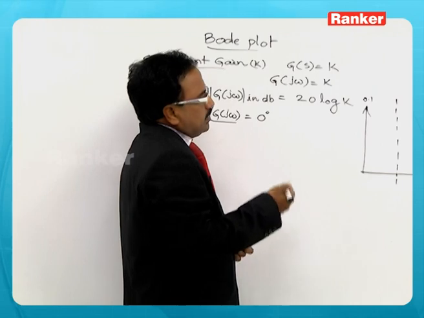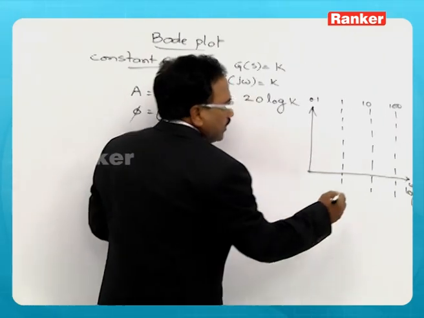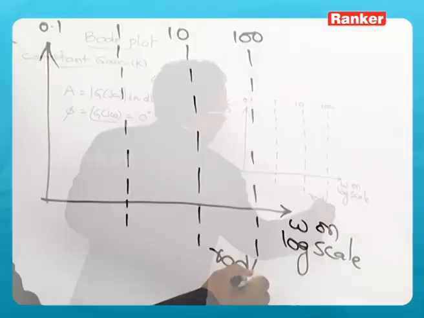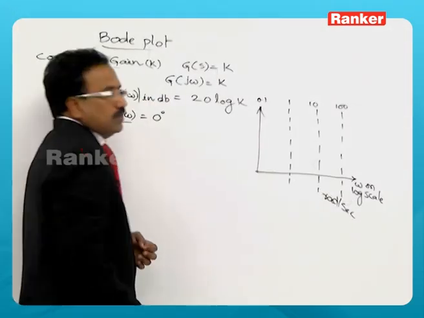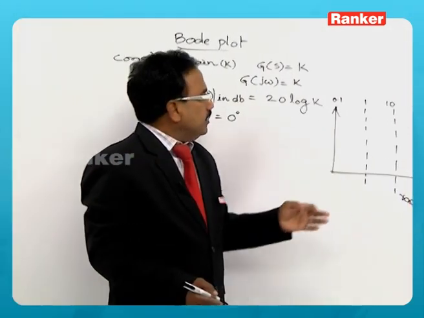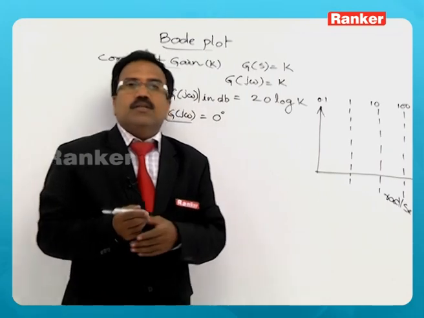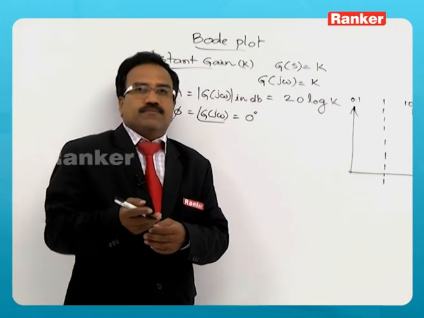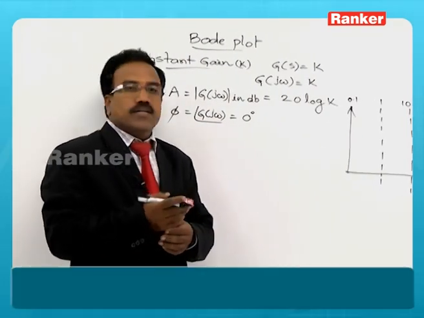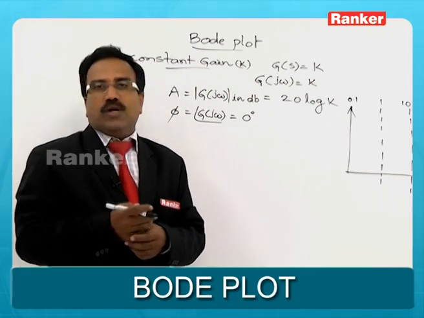This ω is expressed in radians per second, but the meaning of log scale is each unit on the x axis is a multiple of 10. So, it will be 1, 10, 100, 1000, and so on.